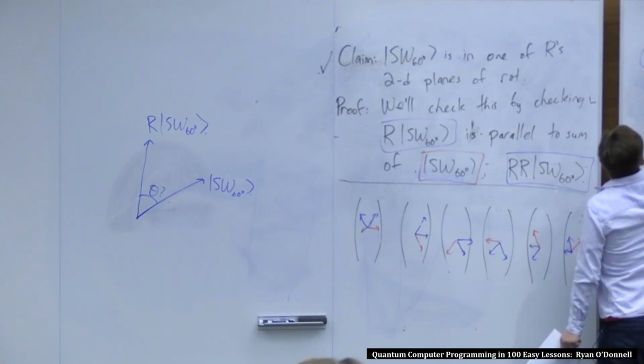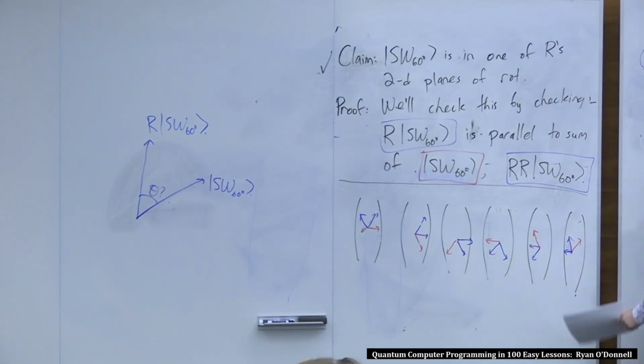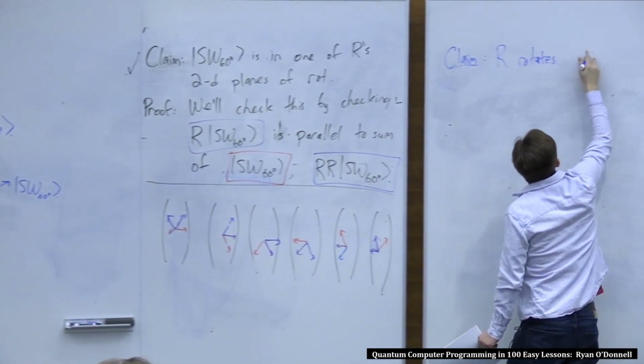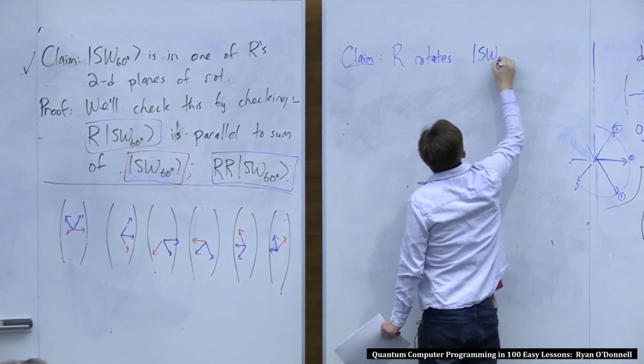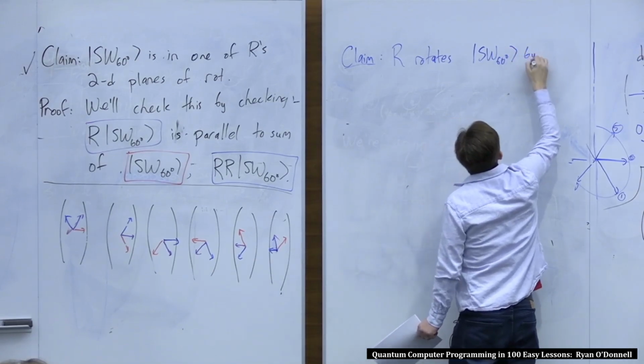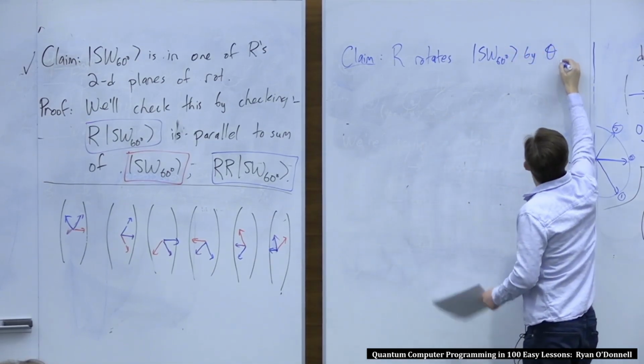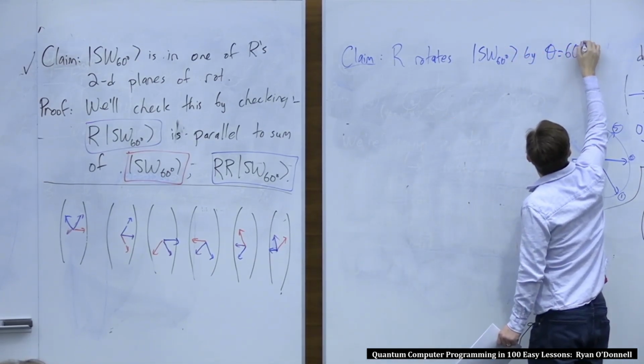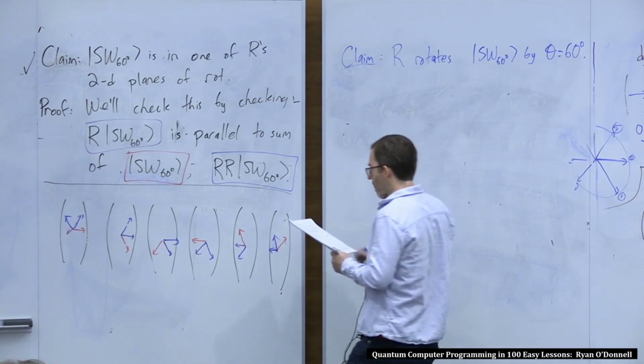Claim: R rotates this steering wheel vector by theta, which is 60 degrees.